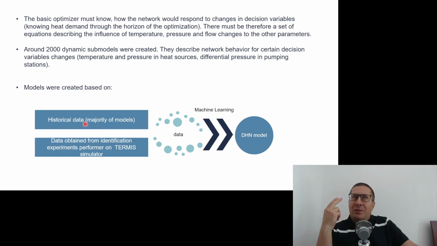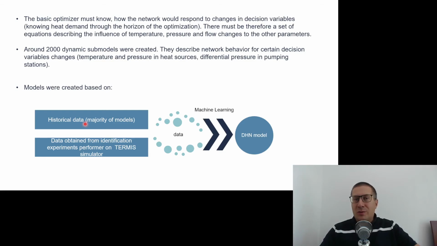When we finally deploy the optimization algorithm, we will start working in different process operating points. We'll start working with different water temperature parameters. We will try to explore the solution space more than before applying the optimizer.